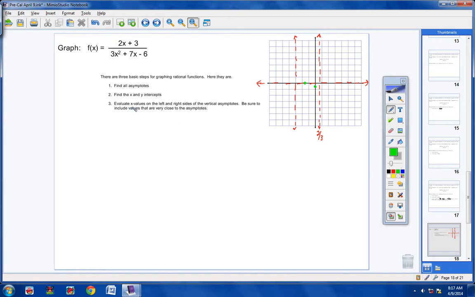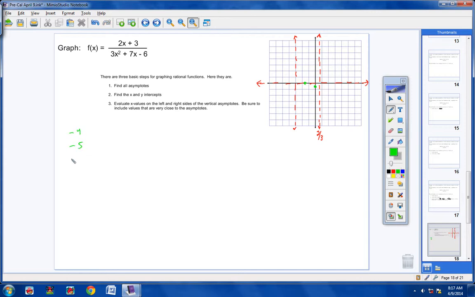We're going to evaluate x values on the left side and the right side of each vertical asymptote. So let's start with this vertical asymptote right here. Do you see it? Let's plot values to the left and kind of see what's happening. I'm going to put in negative 4, negative 5, negative 6 real quick.